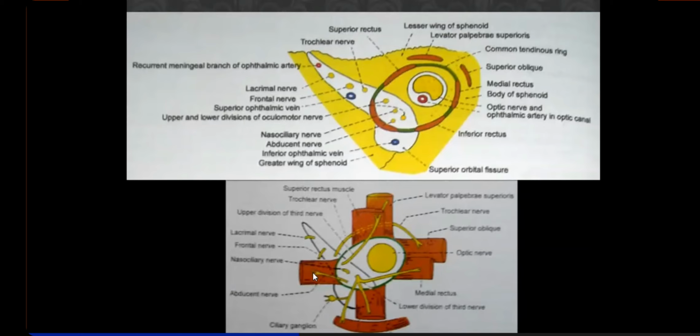Rest all the extraocular muscles of the eyeball are innervated on the orbital surface, except lateral rectus, which is innervated on its ocular surface, right? And inferior oblique was innervated on its posterior border. Got it? Here you see the nerve to inferior oblique, through which the parasympathetic fibers reach the ciliary ganglion.